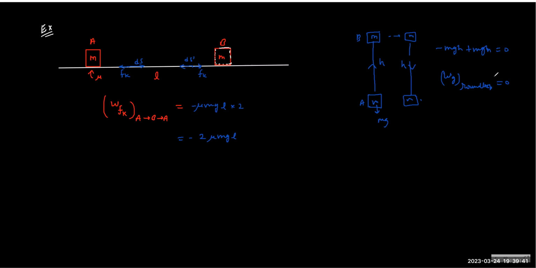For those forces, we need not check the path. We just need to check the beginning and the end. But there are some forces where the path becomes really important, and we should be careful about the path they took in order to calculate the work.